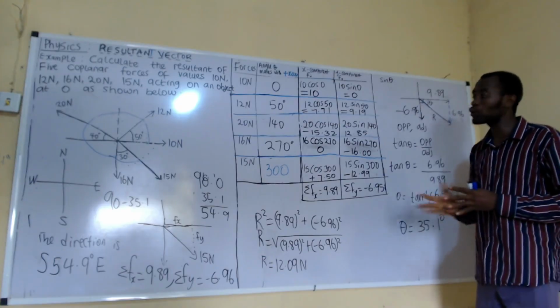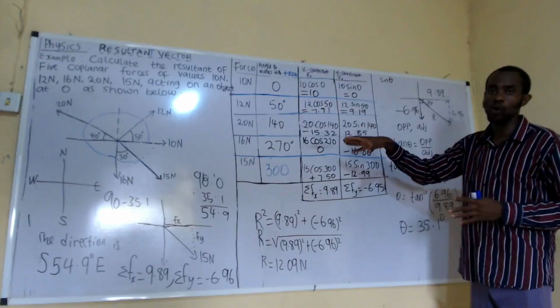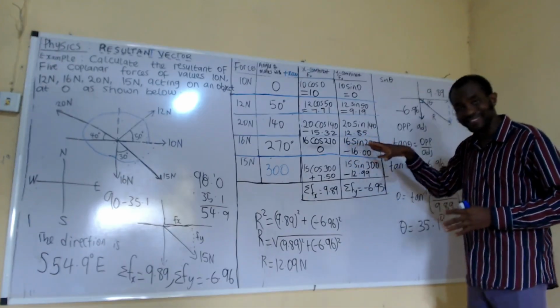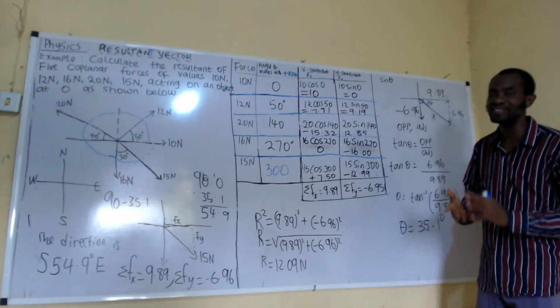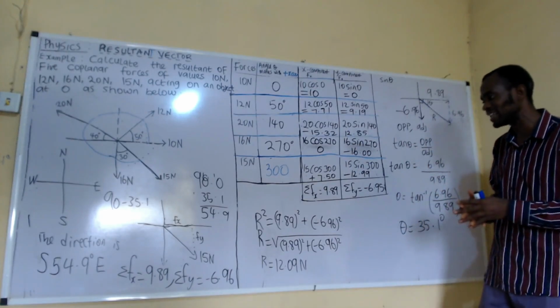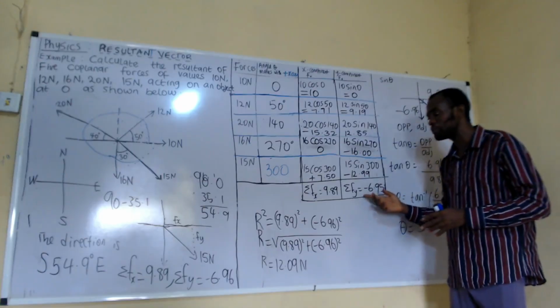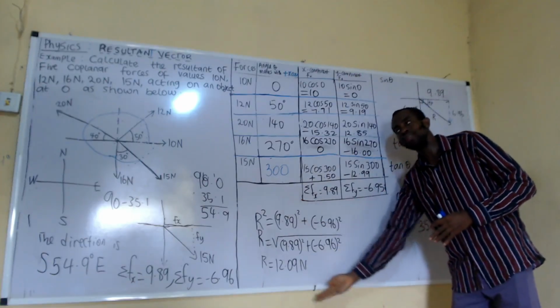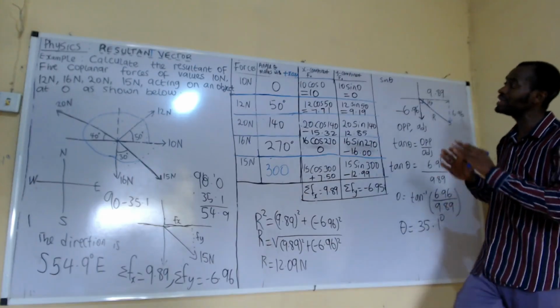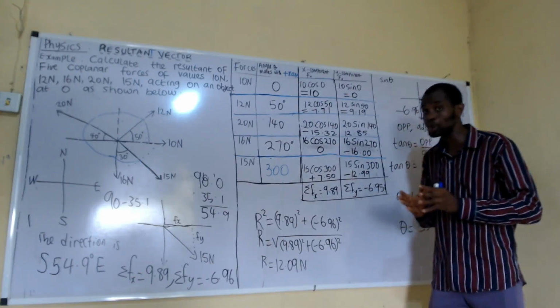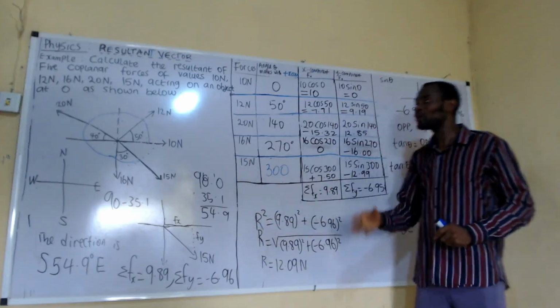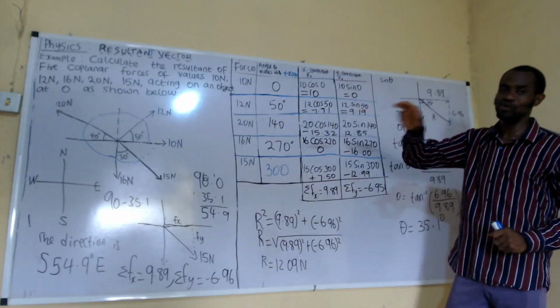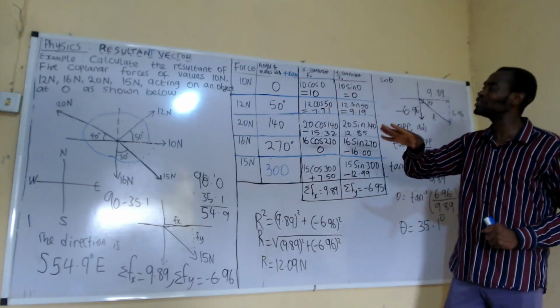Now, if you cross-check the table we did earlier on and this table, you will see that we arrive at the same answer, and the others follow up. So it is still the same method, resolution of vectors, when you are summing more than two vectors. But when you want to choose your angle, you cannot have two methods of choosing your angle.